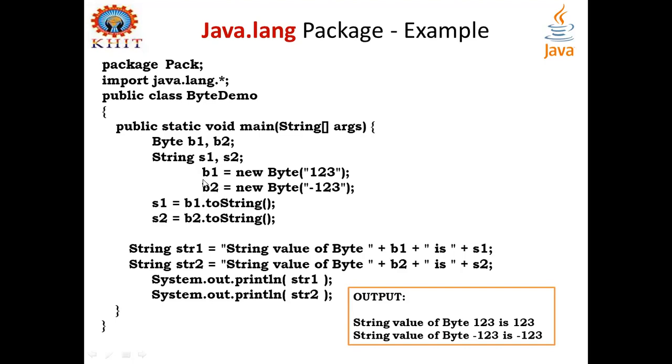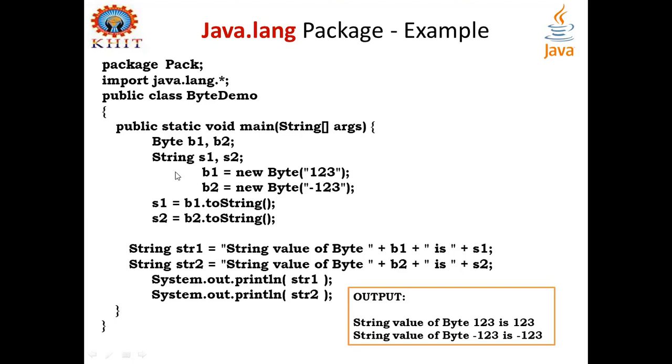I'm creating memory for this Byte using the new operator. Why? Because Byte is nothing but a class. Now it is a class, and I'm passing a value to initialize this Byte reference variable, or an object. Here b1 refers to the object of this Byte, with the value 123, and the same way like this.